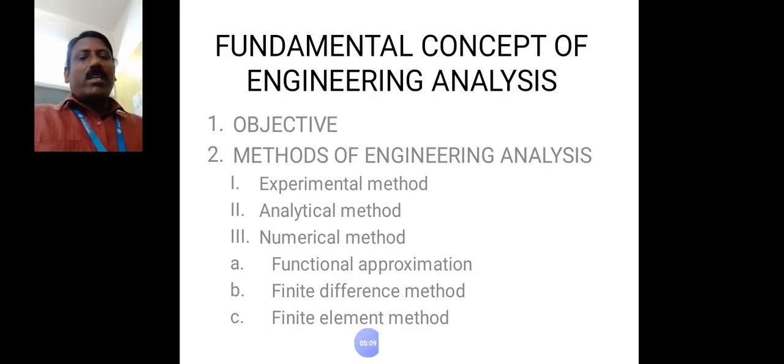The third one is the finite element method, sometimes called the finite element analysis. The finite element method is a numerical method for solving problems of engineering and mathematical physics.